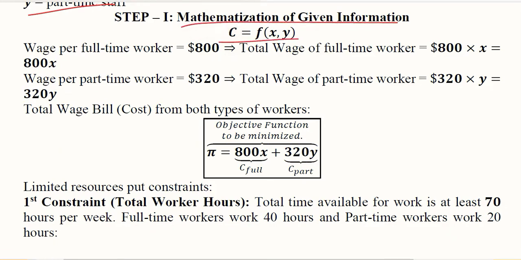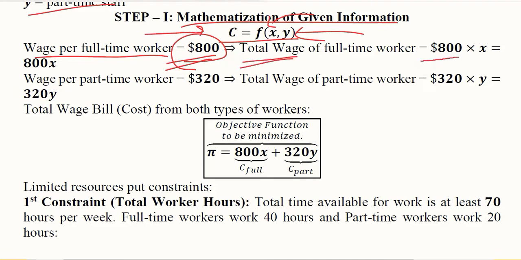C is a function of X and Y. The cost basically depends upon the hiring of the full-time and the part-time workers. The wage of the full-time worker is already given, and it is $800 per week. If we want to calculate the total wage bill for the firm, it would be 800 times the number of full-time workers. So it is equal to 800x.